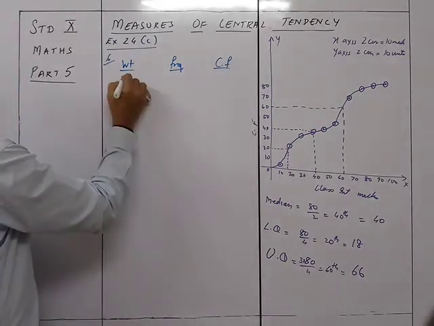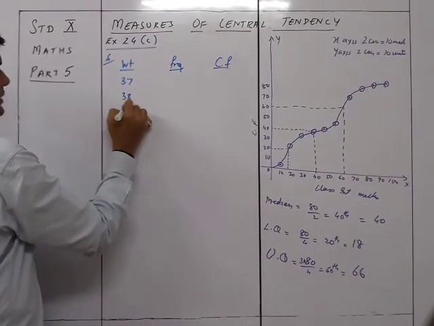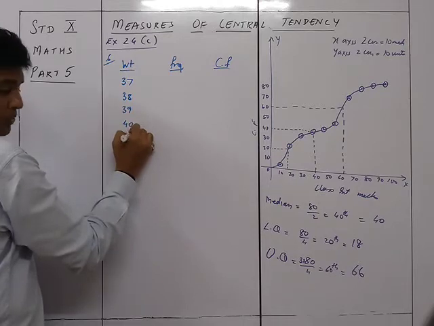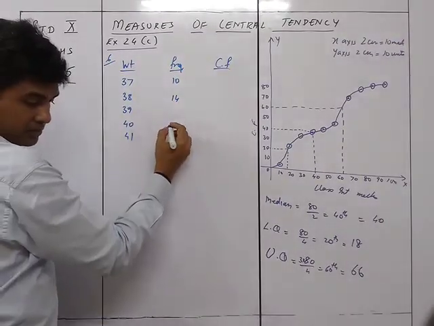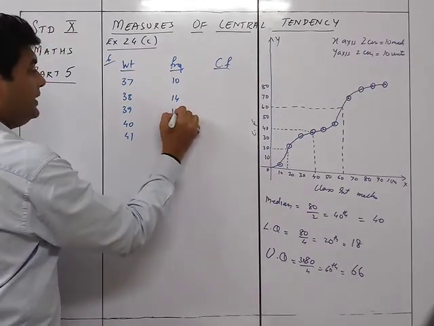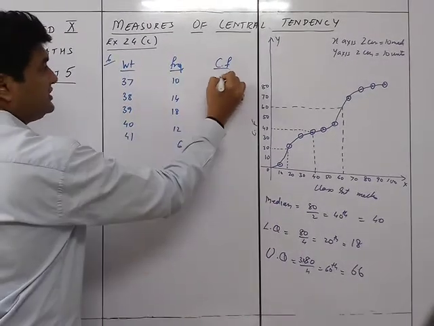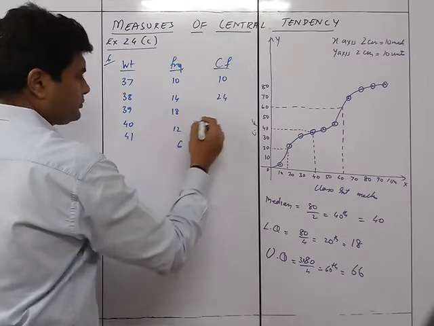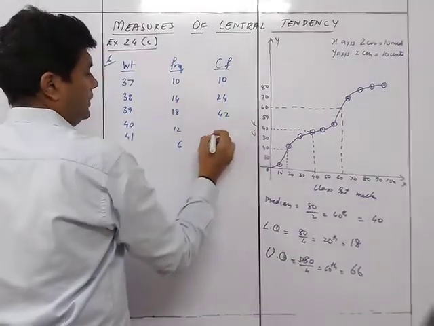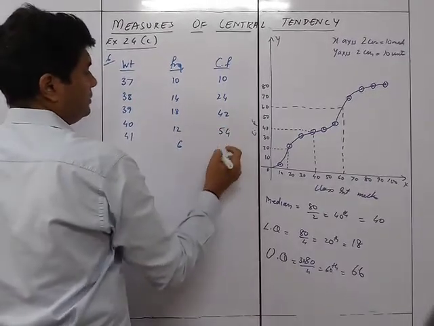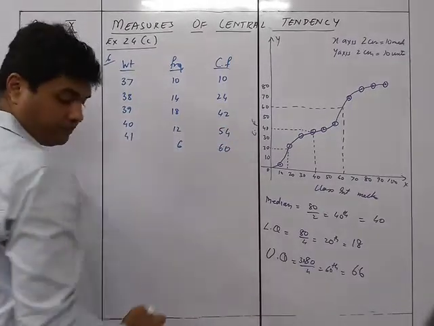So weight is 37, 38, 39, 40, 41, and the frequency is 10, 14, 18, 12 and 6. So the cumulative frequency is 10, 24, 42, then 54 and 60.